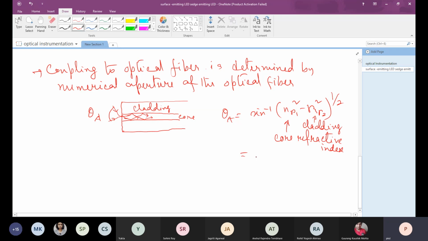Theta A is equal to sine inverse of NA, that is the numerical aperture.